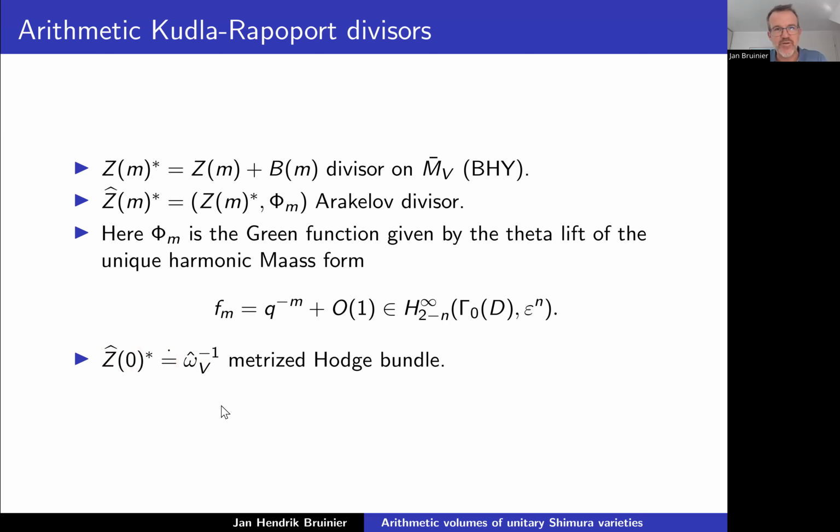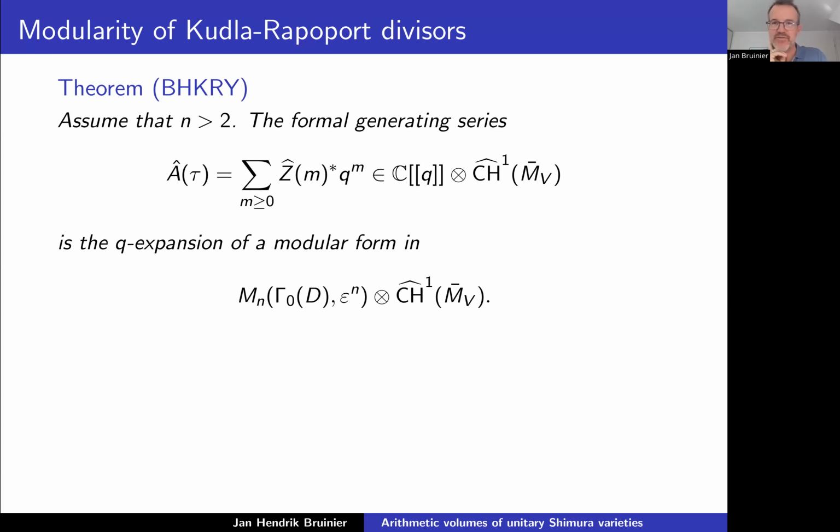And in the spirit of Hirzebruch-Zagier, we can look at the generating series. So we can take these Arakelov divisors and form a formal power series with it, like this.